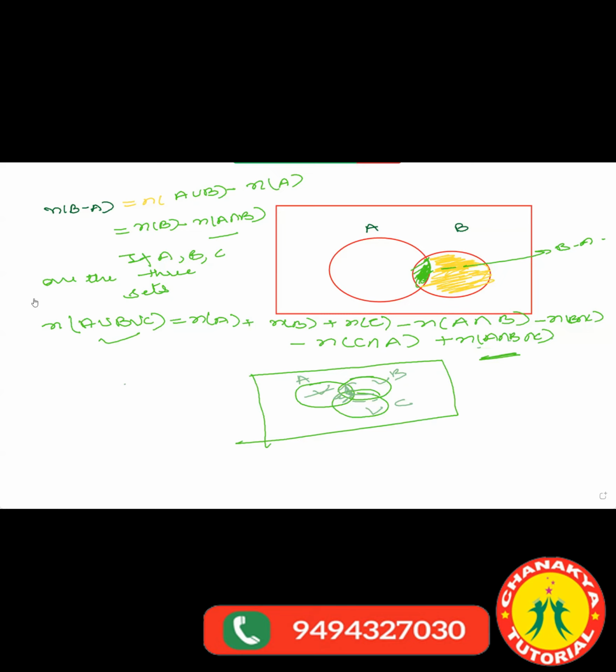Okay, now see questions based on this. Suppose you are given a question like this. Let A be a set, where A is the set of x such that x is a positive prime less than 10.